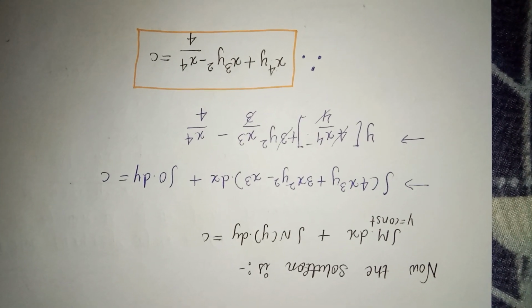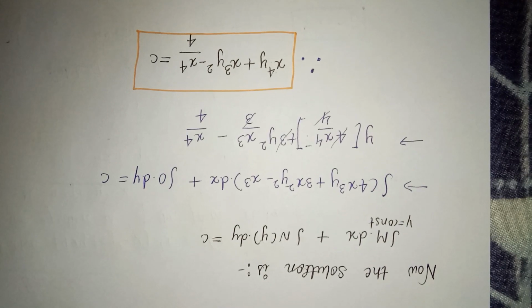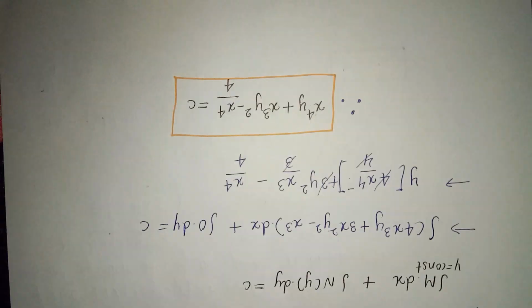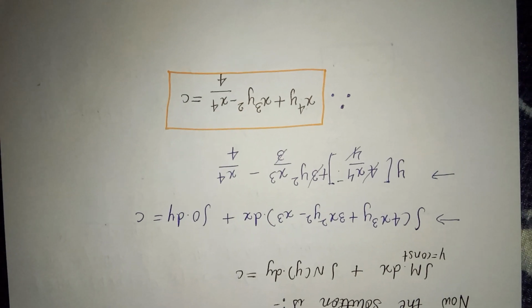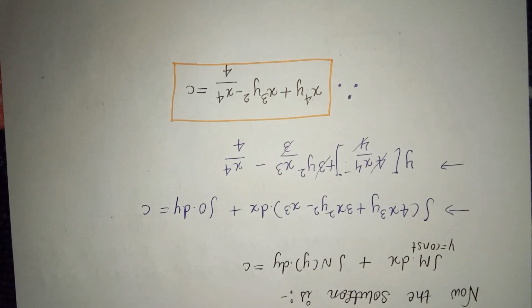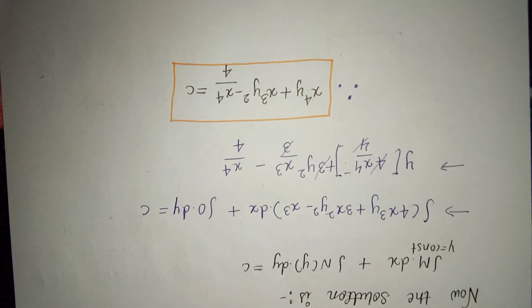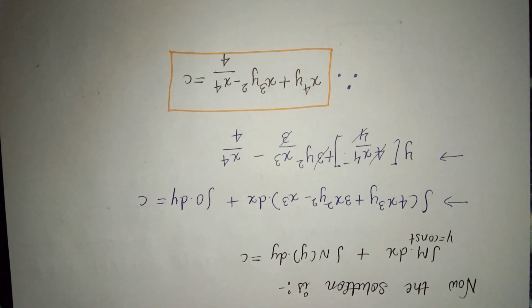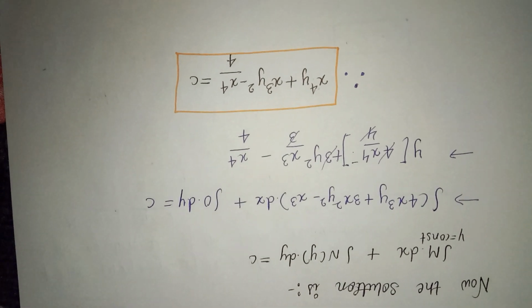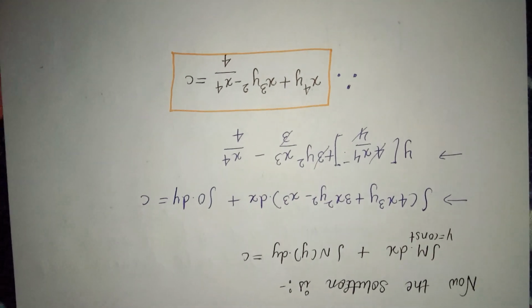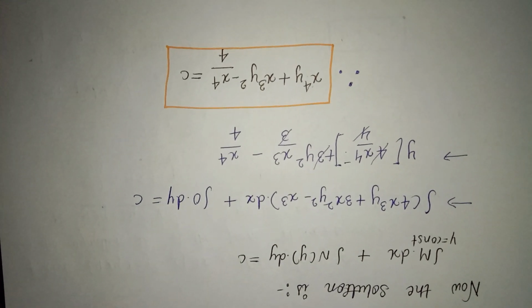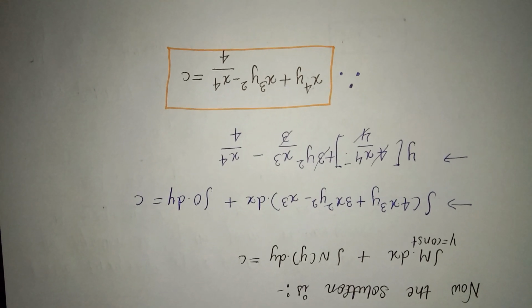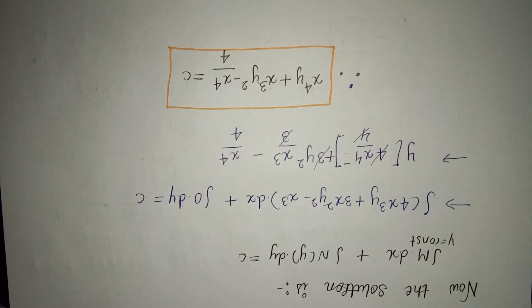We have to take the new values of M and N, not the first values. Here in M, y is constant, and in N we have to take only the terms without x. Since there are no terms without x, it becomes 0. So the integration of 4x cube y is y times 4 times x to the power of 4 by 4.